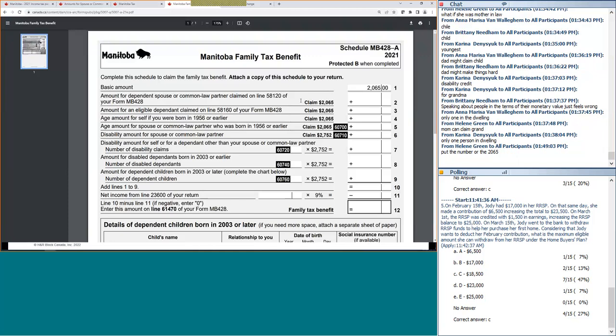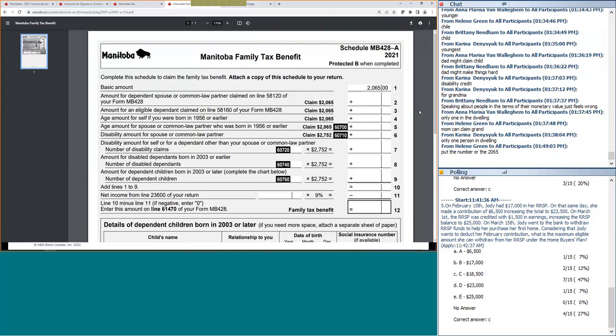Now, both spouses can claim a Manitoba family tax benefit, but if they're going to do that, you have to decide who's going to claim the other ones. And Helene, yes, put the claim, not the number. The claim is 2065. So as long as you have a dependent spouse, add 2065.